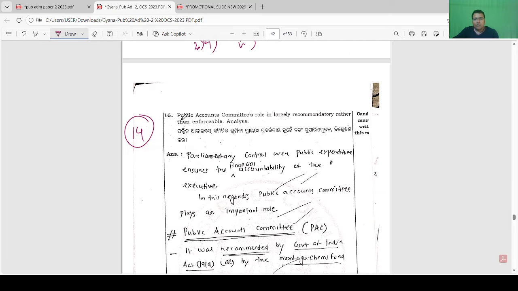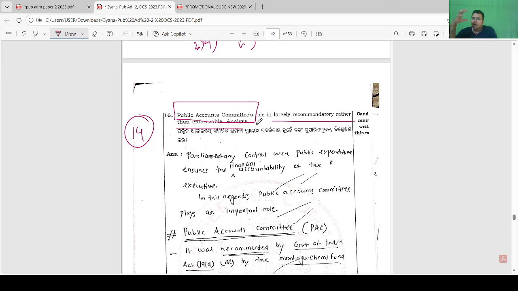So, public account committee: its role is largely recommendatory rather than enforceable. Yes, very good. So what is the public account committee? It is a parliamentary committee, and this question also comes under Paper 2, Unit 7, parliamentary control over public expenditure.